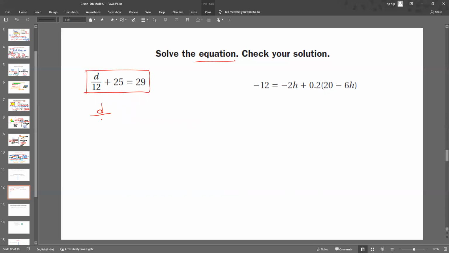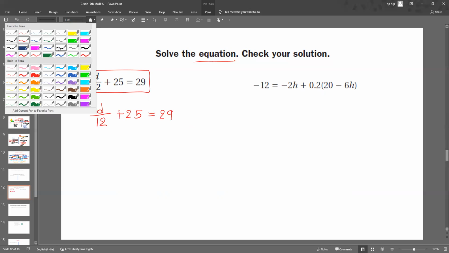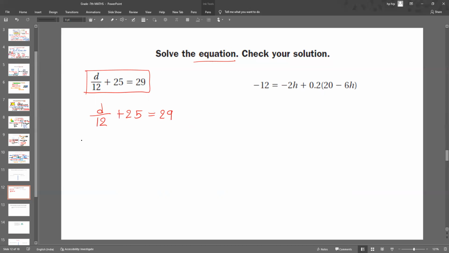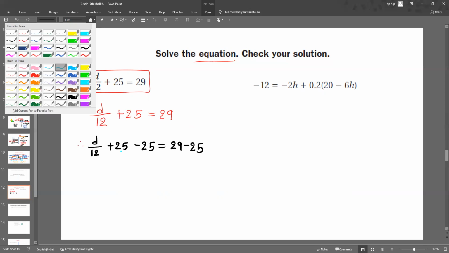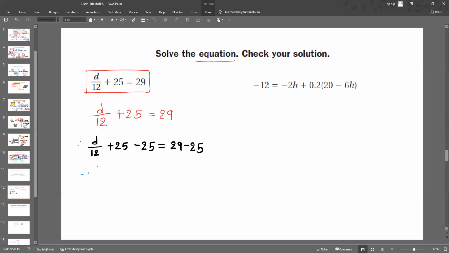Here you can see d divided by 12 plus 25 is equal to 29. We have two methods to solve this kind of equation. First method: subtract 25 from both sides, so d by 12 plus 25 minus 25. The 25 cancels because that is 0.